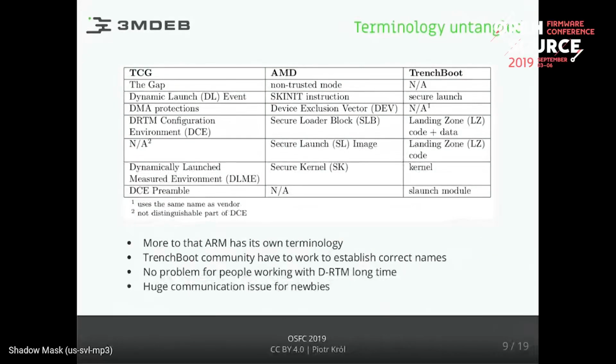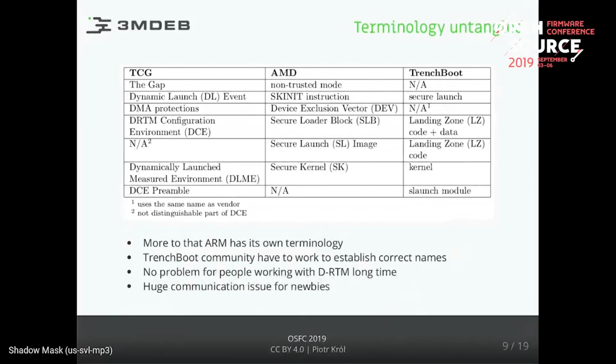TrenchBoot typically tries to use TCG terminology, but there are some things that are not named, or we're taking shortcuts. So the gap, you saw the gap, is the stage where SRTM is running, and we really don't care what exactly is going on there because this is a non-trusted environment.